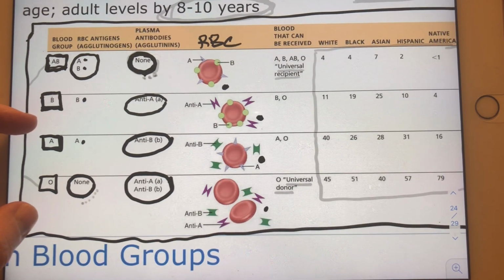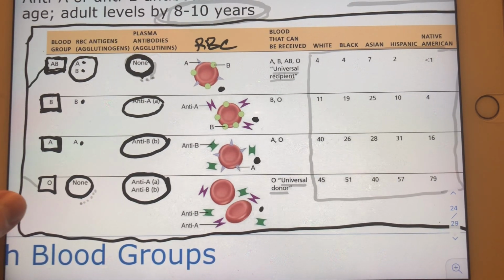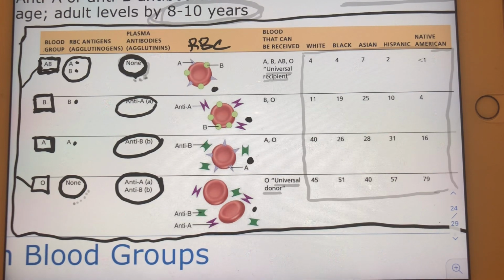So a lot of people think of A and B as almost opposites. And you may already consider type O to be the universal donor and type AB to be the universal recipient. Why?